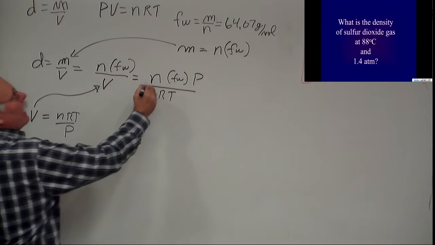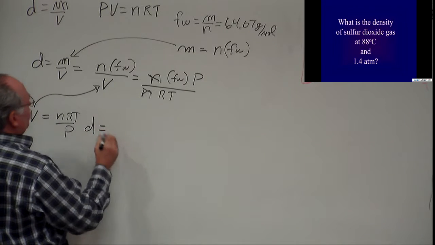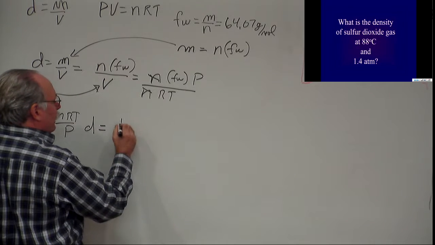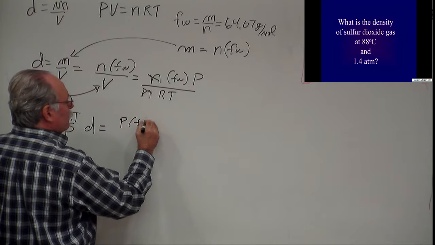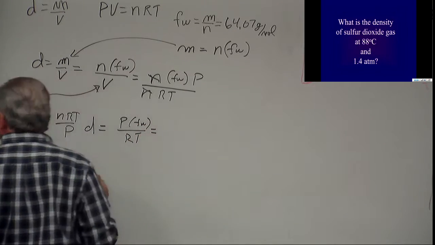Okay? Now my n's cancel, and I have my density is equal to the pressure times the formula weight over RT. I now substitute in the values.